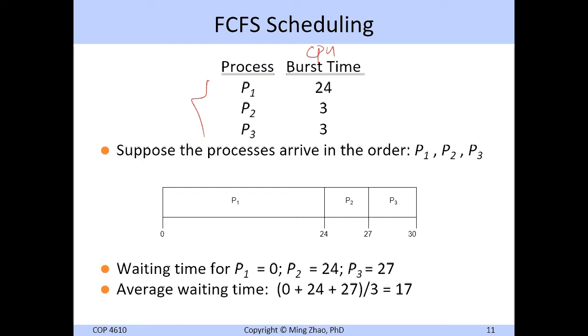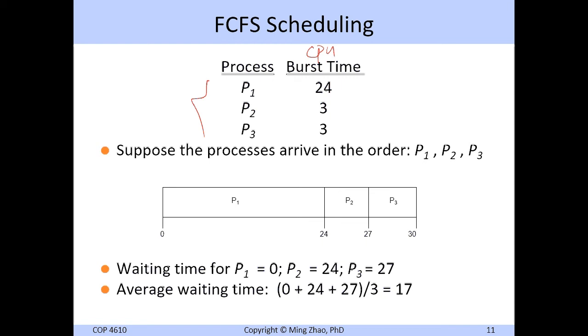P1 has a CPU burst of 24 units of time. P2 has 3 units of time, and P3 has 3 units of time. We only consider one CPU burst, since we are scheduling according to the next CPU burst that we know about these processes.